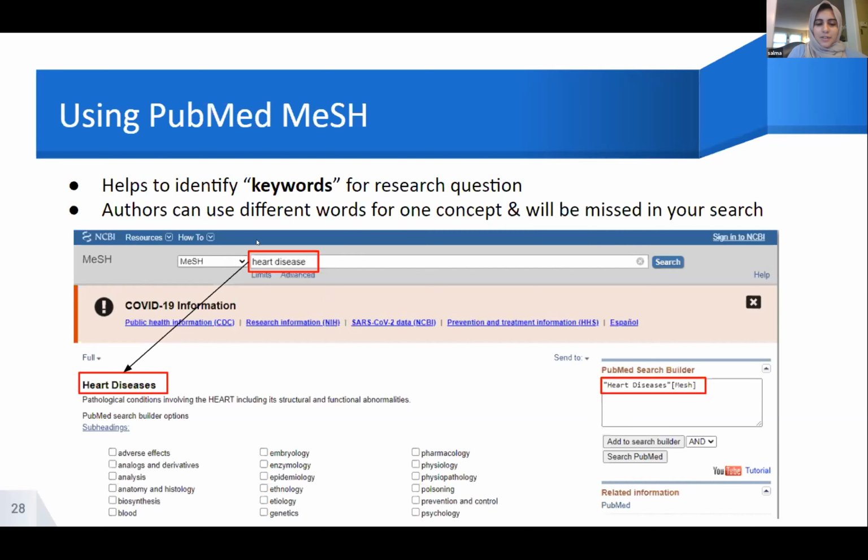In this case, it's really straightforward because PubMed has a MeSH term for heart disease, under heart diseases. It's formulated like this when you actually end up searching, and you would just click add to search builder. Then I would do the same thing for lifestyle.